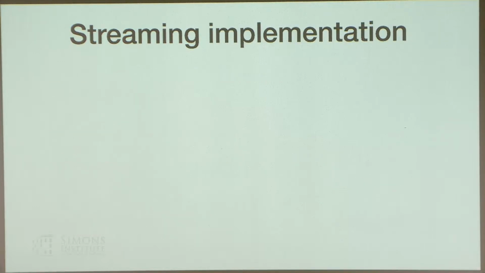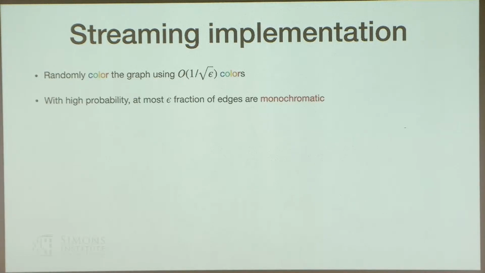Now, how do we do the streaming implementation? First of all, we want to reduce the number of rounds. We do not really want delta to be the number of rounds, because that's going to be really problematic for us in the streaming model. So first we do a random coloring. Just use order 1 over square root of epsilon colors and randomly color the graph. You're going to have some monochromatic edges, but not too many. Only an epsilon fraction of the edges are going to be monochromatic, because you're using order 1 over square root of epsilon colors.